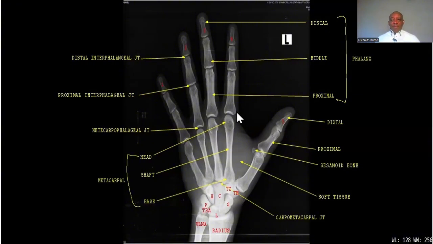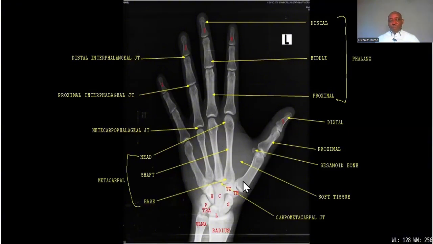The rest, the other 4, have 3: the proximal phalanx, middle phalanx, and the distal phalanx. This is the little finger, which is 5. This is the ring finger, 4. This is the middle finger, 3, and this is 2, and this is 1.